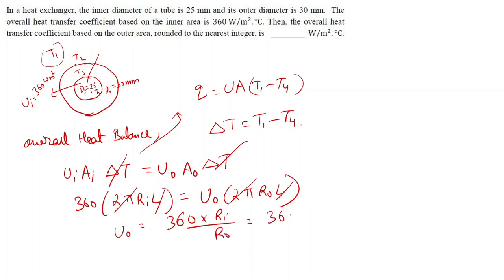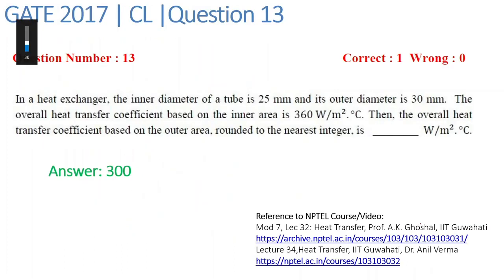We will replace the value of Ri and R naught, which are given as 25 and 30 Okay, so 360 into Ri upon R naught. Yes, Ri we have been given as 25, and R naught we have been given as 30. So this will come 12. So the answer will be 300, and the units are watt per meter square degree Celsius. So yes, we can report the final answer as 300 watt per meter square degree Celsius.